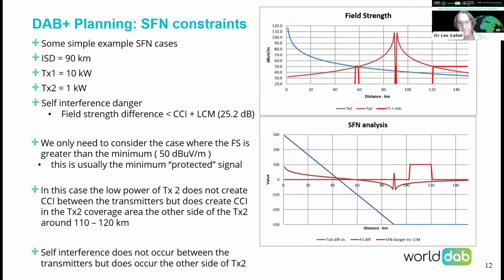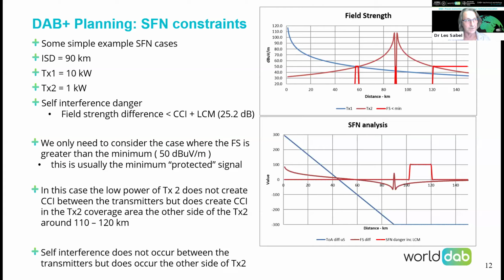So in this example, even though the transmitters are more than 73.8 kilometers apart, there is no actual interference between the transmitters. But because one transmitter is quite high and the rate of decay of field strength decreases with distance, there's potential for interference on the other side of transmitter 2.